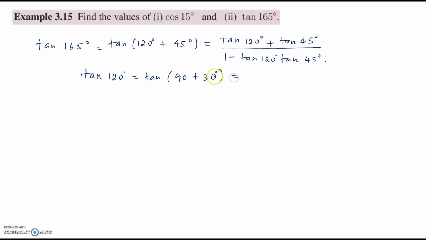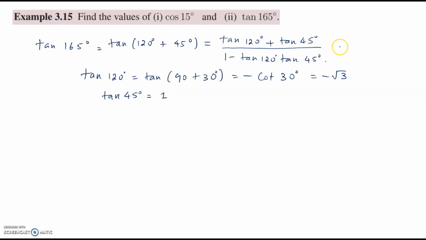So this is in the second quadrant, so our tan will be negative. So it's equal to minus cot 30 degrees, and cot 30 degrees is root 3. So this is minus root 3. And our tan 45 degrees is equal to 1.